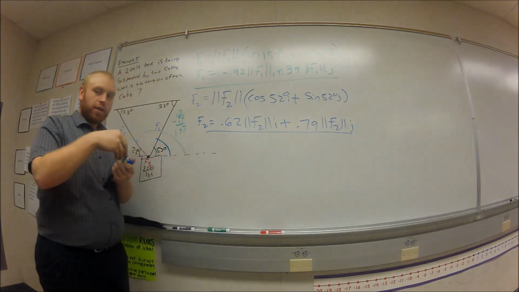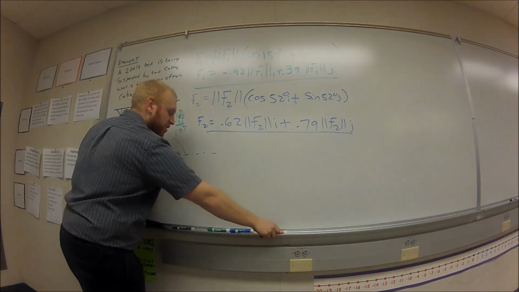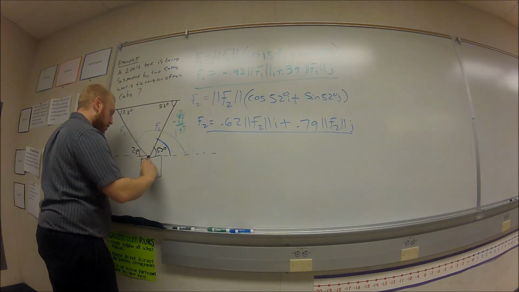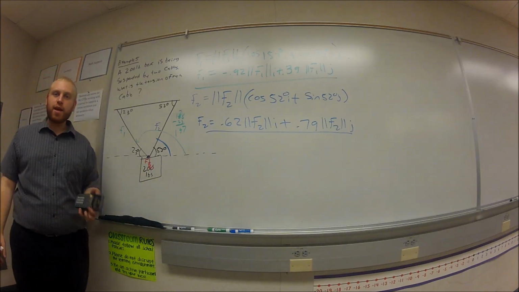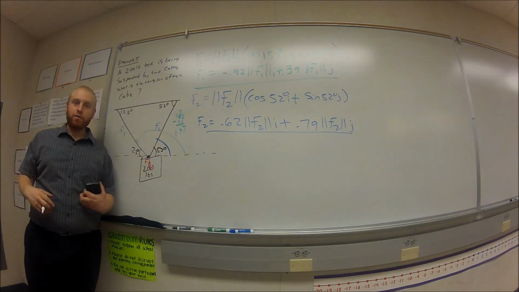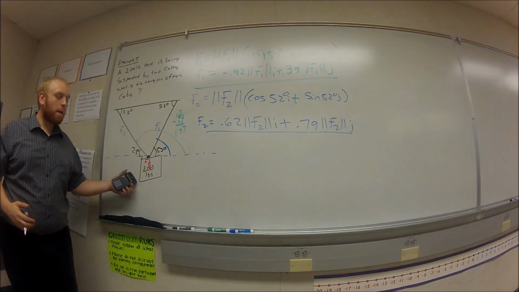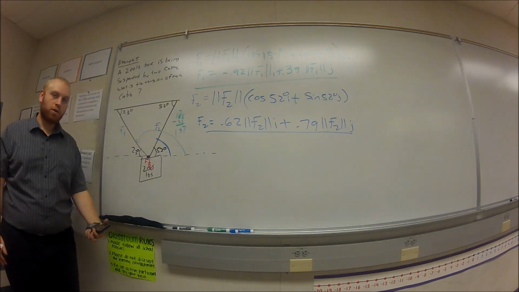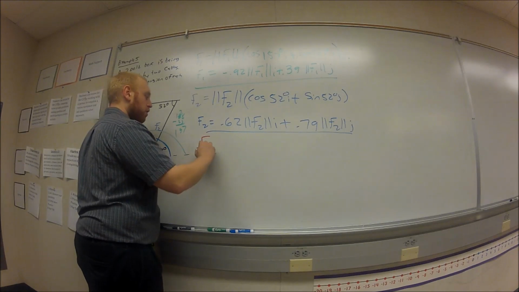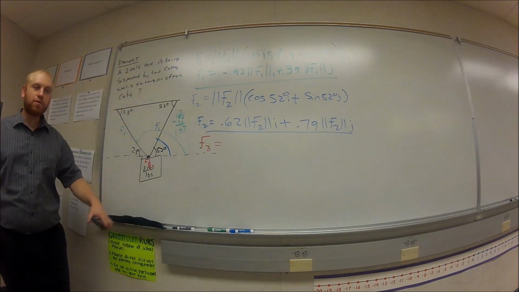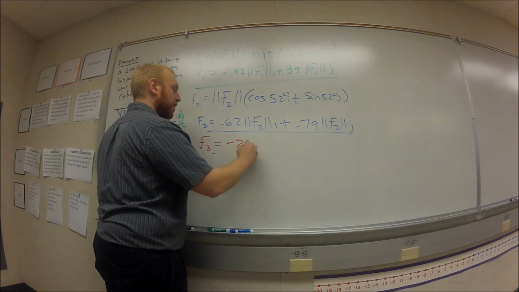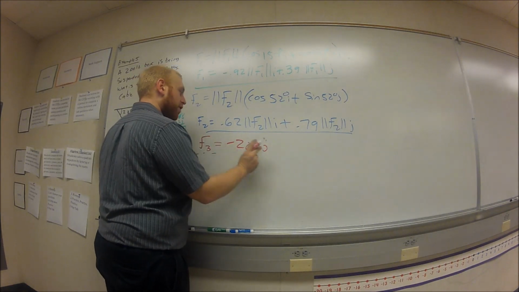The third one is the weight of the box going straight down. Well, if we're going straight down, then we know we have to be negative in the j direction. And remember, the weight is the magnitude. So we know that force 3 has to be negative 200 j because it's going down.